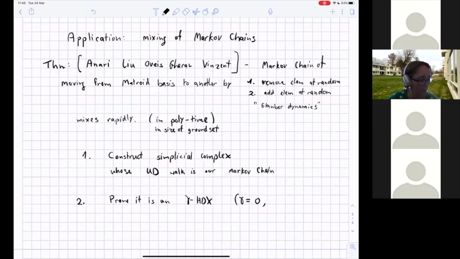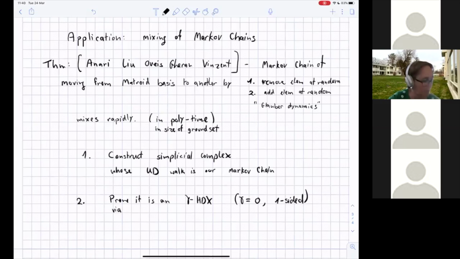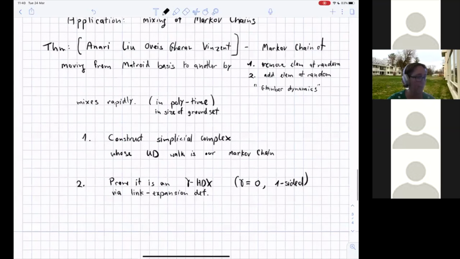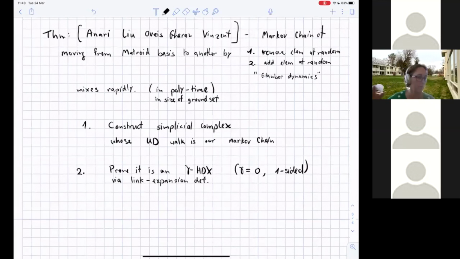It will be gamma equal to 0, one-sided HDX through the local definition via the link expansion definition. So we will look at the links of this complex. And this will imply that the entire random walk mixes. I will go into a bit more detail later on step 2, but let's begin with step 1.